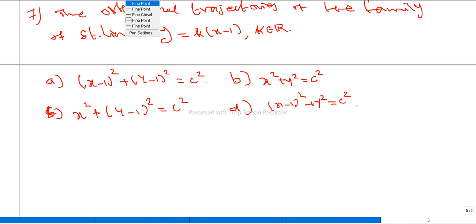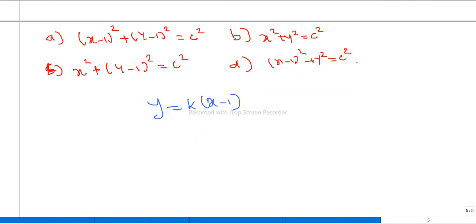So how to find this one? You have to differentiate the given equation. Given equation is y equal to k into x minus 1. Differentiate both sides. Therefore, we get y dash equal to k into 1, and we have to replace y dash by minus 1 by y dash.